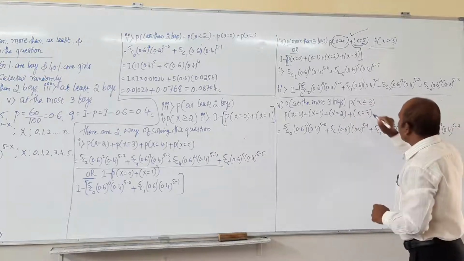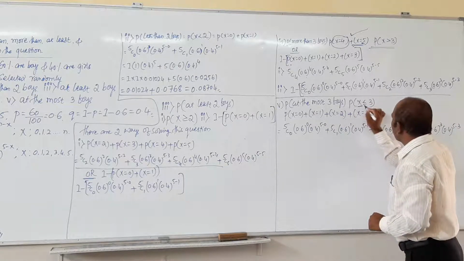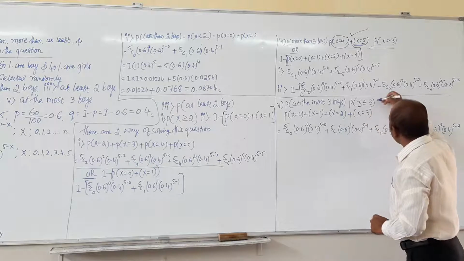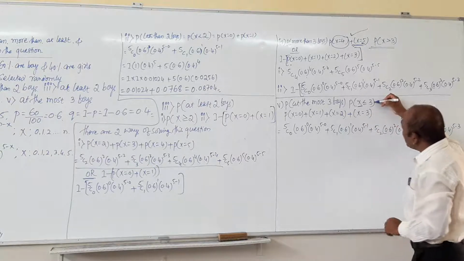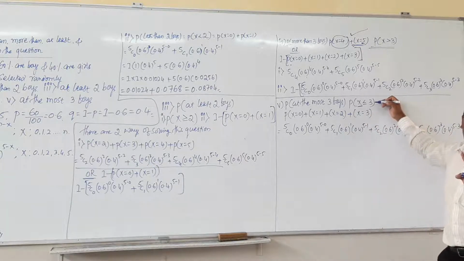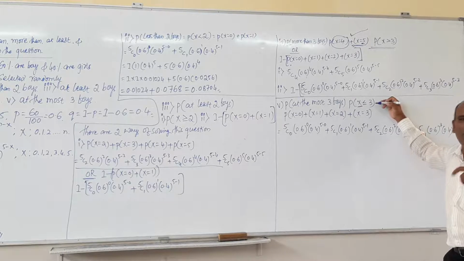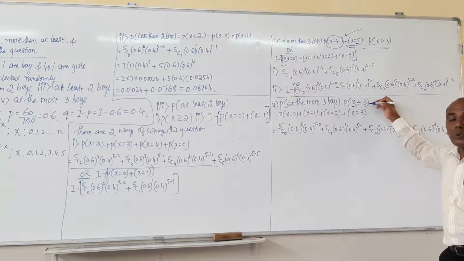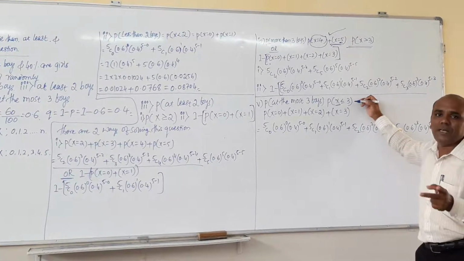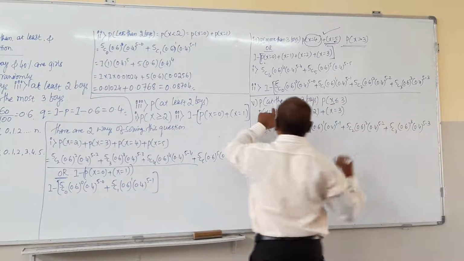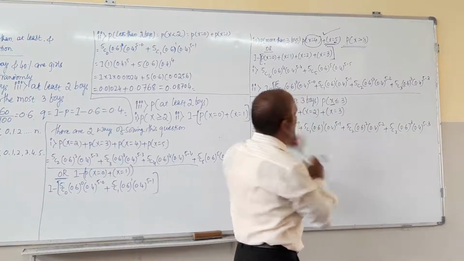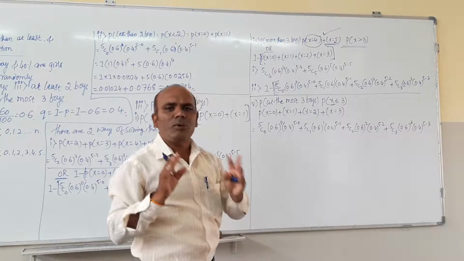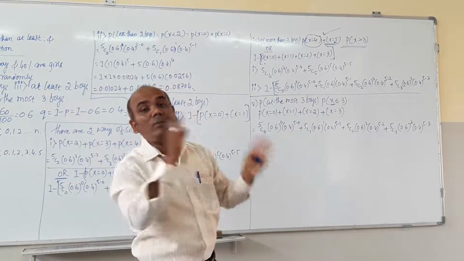So the value of x should be less than or equal to 3. It means if boys are 0, then it's okay, then 1, 2, 3, but not more than 3 is treated as at the most 3 boys. It means maximum 3 boys must be there, not more than 3 boys.